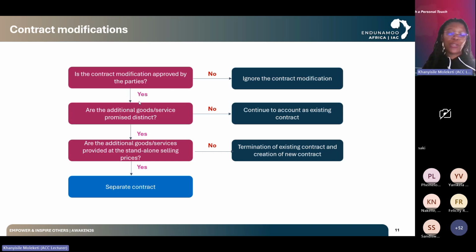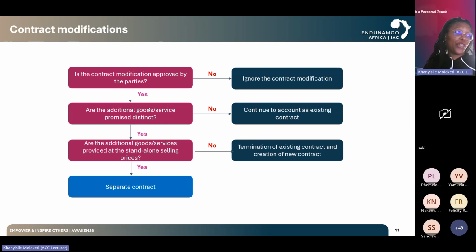Additional distinct goods or services, as well as additional standalone selling price, we get a separate contract. The second part was if we've got an approved contract but we don't have additional goods or services, then we continue to account for the existing contract.